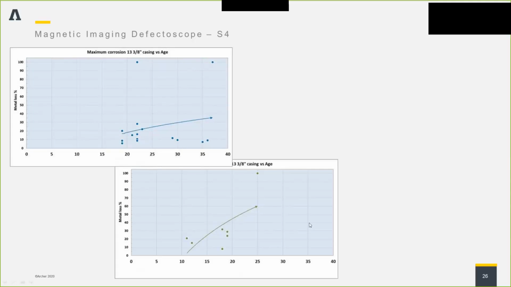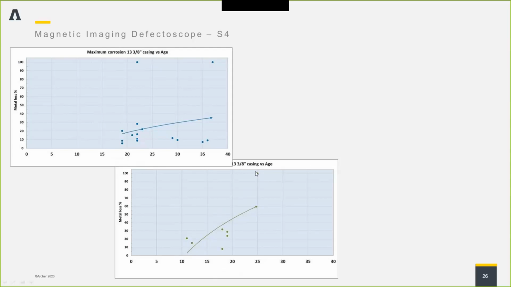The second area that we look at, the second sector, is showing again a trend, a profile of corrosion against time, against the depth. And straight away we can see that these are some of the newer wells, and they seem to be corroding at a faster rate than the older wells in the different area.